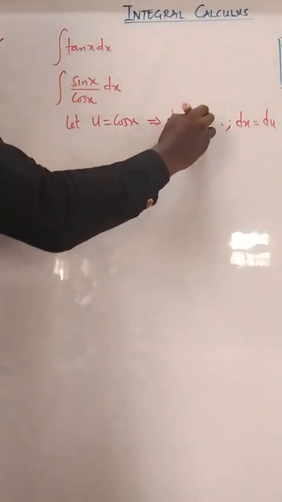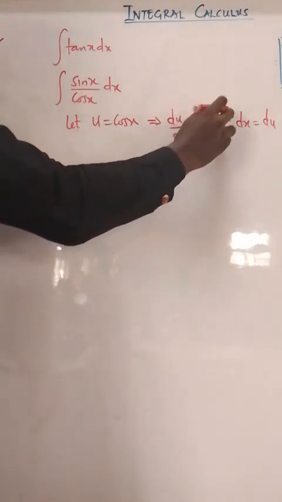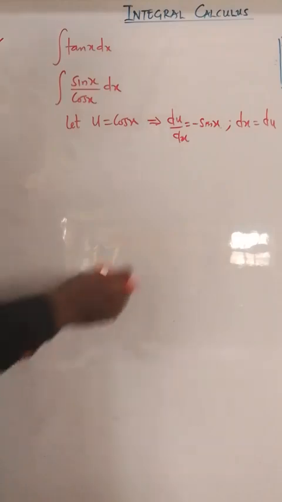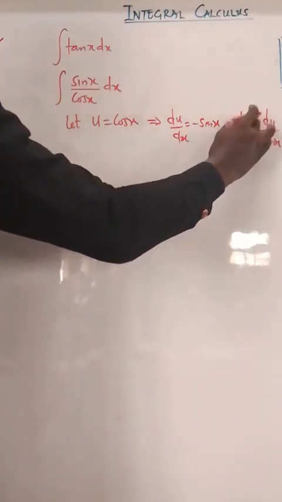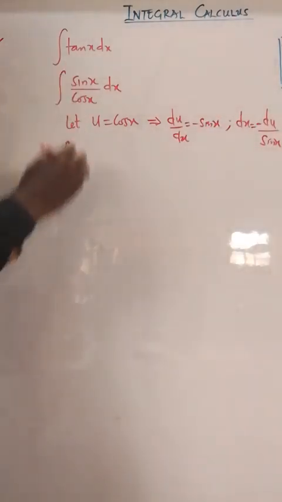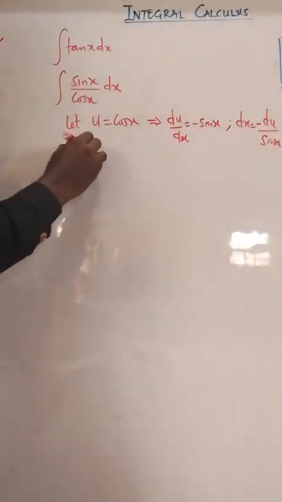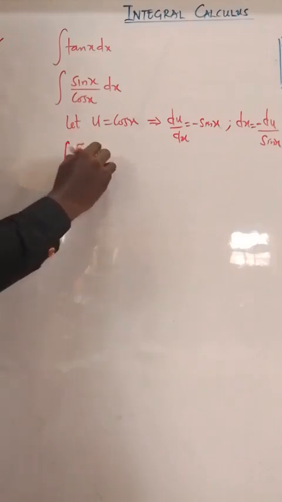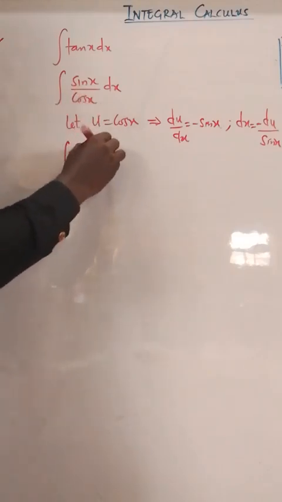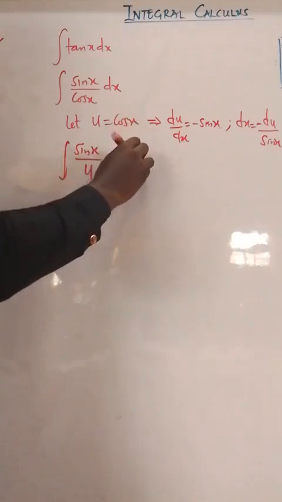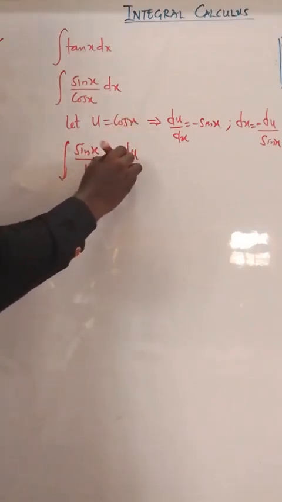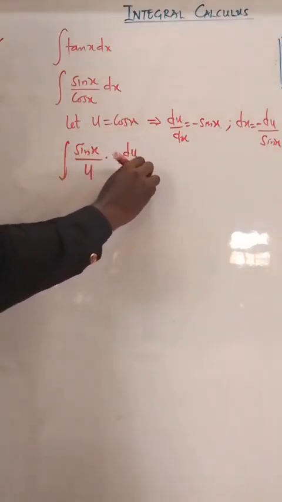So du dx equals minus sine x, meaning dx equals du over minus sine x. So you can bring the minus up here. Now the integral of sine x over what is cos x? u. Times what is now dx? Minus du over sine x.